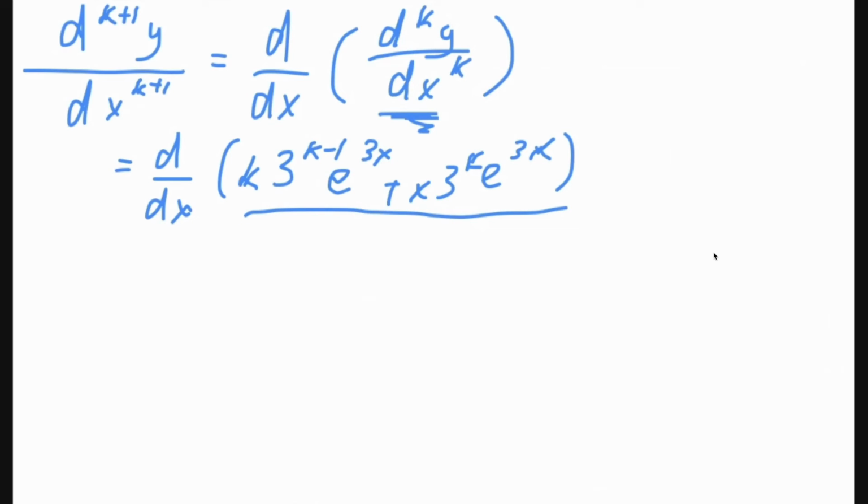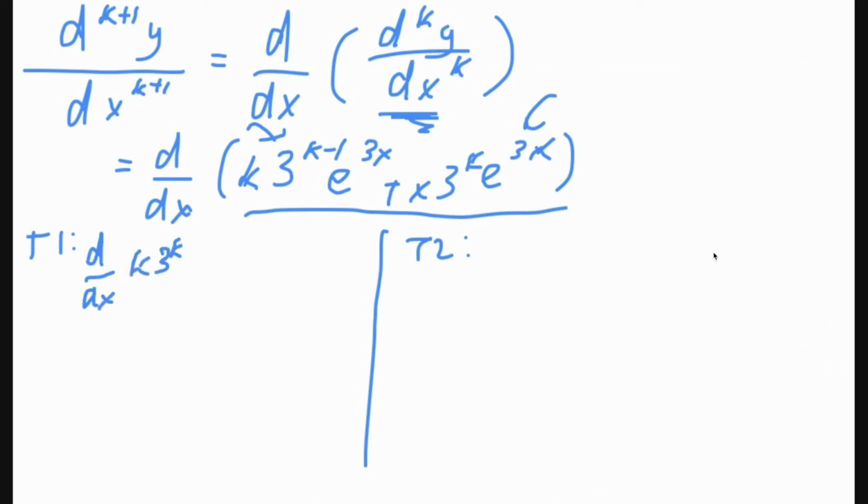Well, let's separate the two terms. Let's first take the derivative of the first term. I'll say term 1. And then we'll take the derivative of the second term, which is this guy over here. So this is the first term, this is the second term. Okay, so what's the derivative of this term? Well, we are doing the derivative with respect to x, so all the k's are just constants.